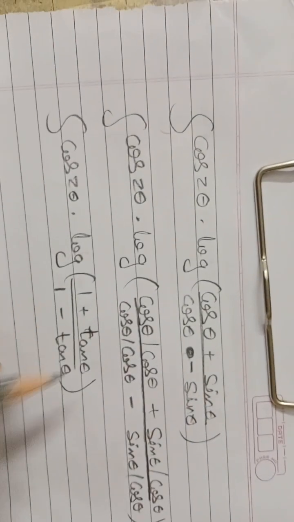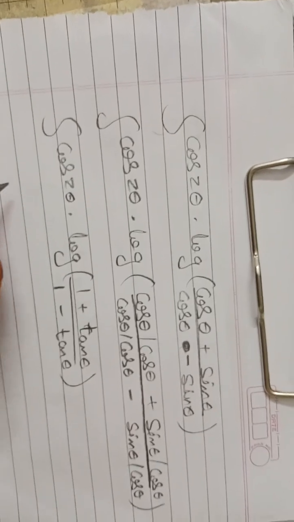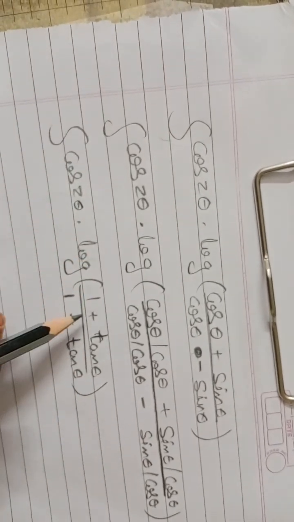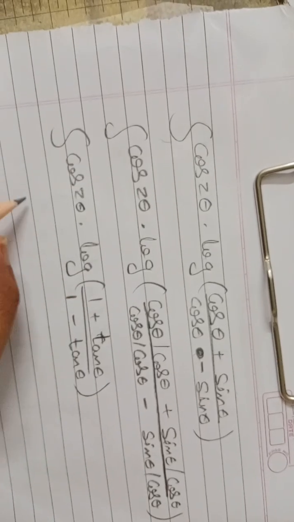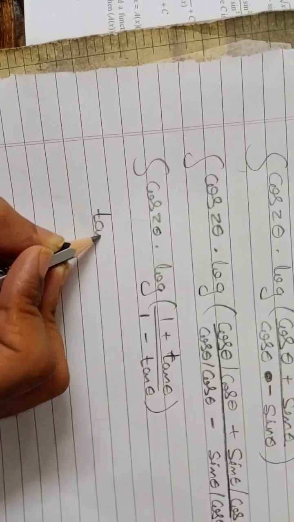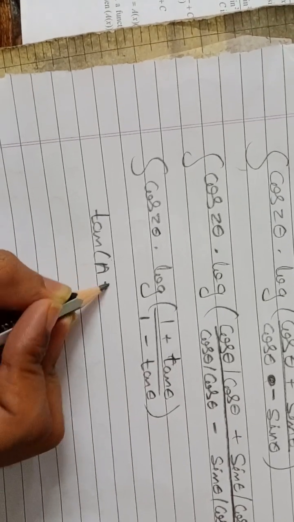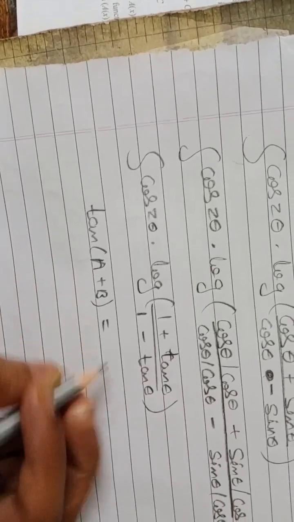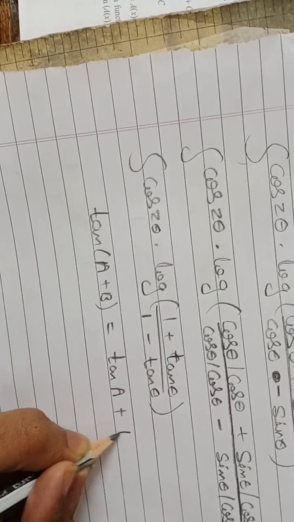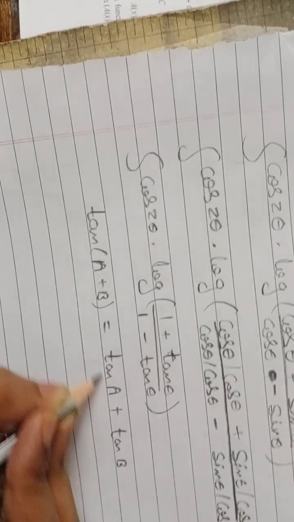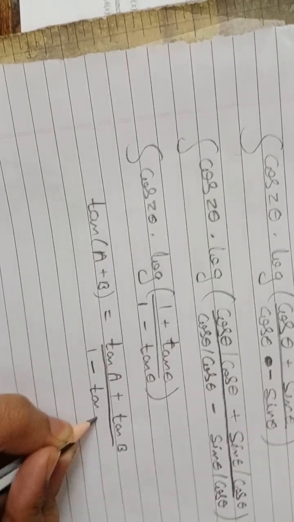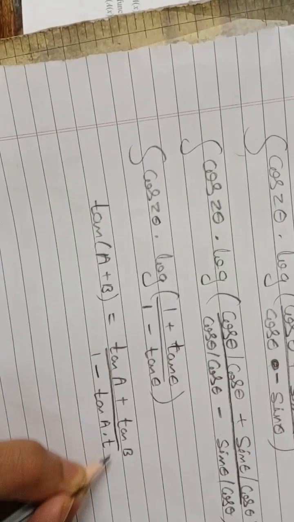You would have learned it in 11th, which is tan a plus tan b. If you don't know how to write this in terms of tan a plus tan b, I will show that also. First I will explain what that identity is, which is tan of a plus b equals tan of a plus tan of b, whole divided by 1 minus tan of a times tan of b.